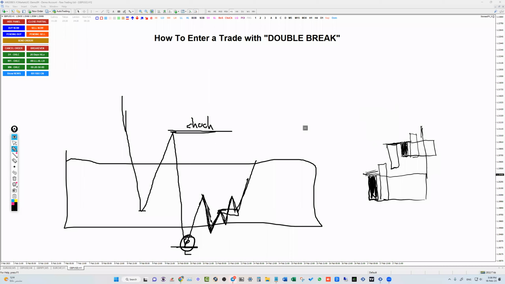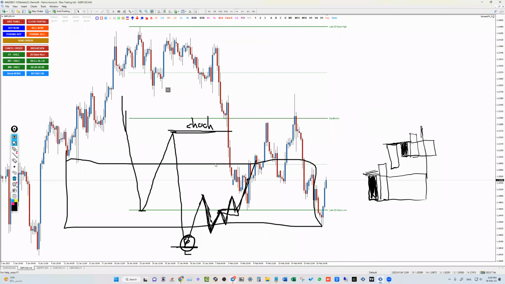I will explain the difference between chalk and double break. Okay, so let's just focus on this. I will show it to you in a real chart right now, so hold on a second. I will remove that.